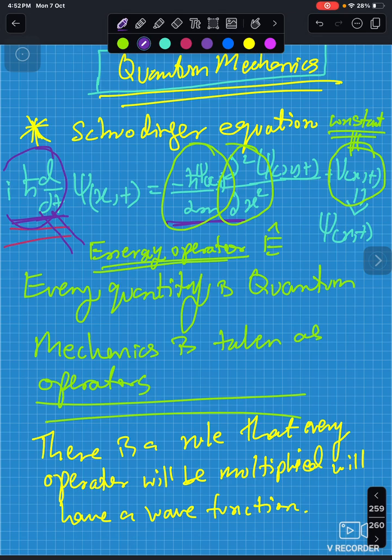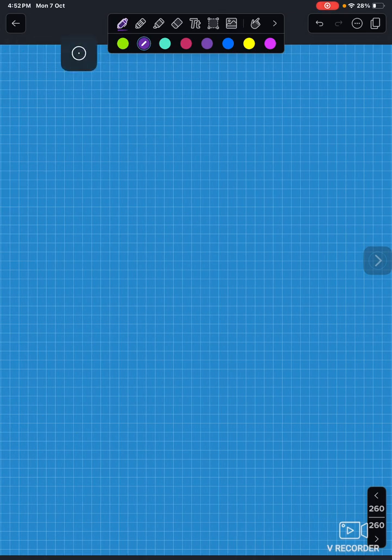Wait, I think this is not clear, so let me write it on the page. i h bar d over dt psi of x and t.